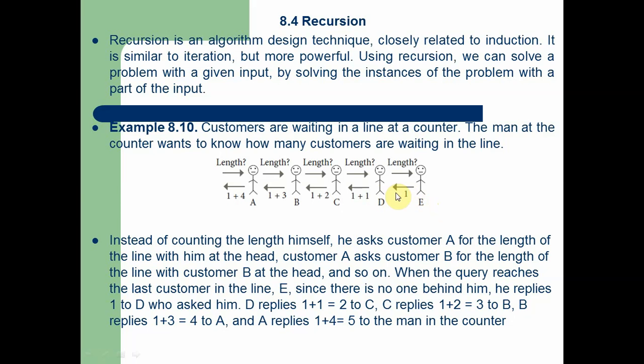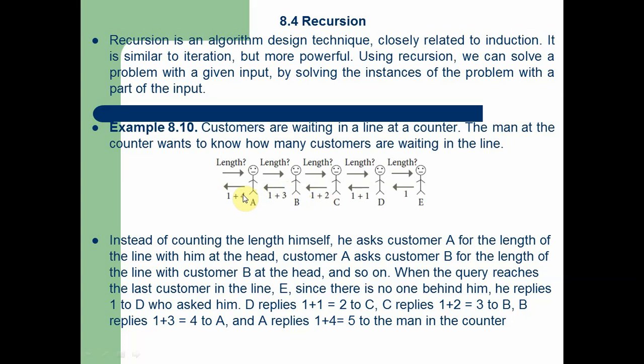D accepts this one, and D replies to C that I am one before one. So 1 plus 1 is equal to 2. So 2 is the output from D. C adds one to this output and sends it as an input to B. So 3 is the input for B, and again B replies to A that 4 plus 1 is equal to 5.